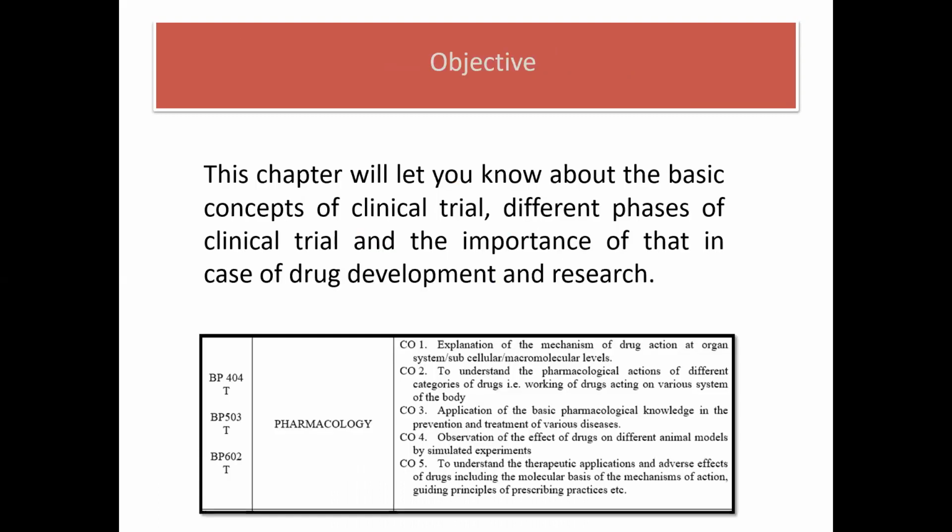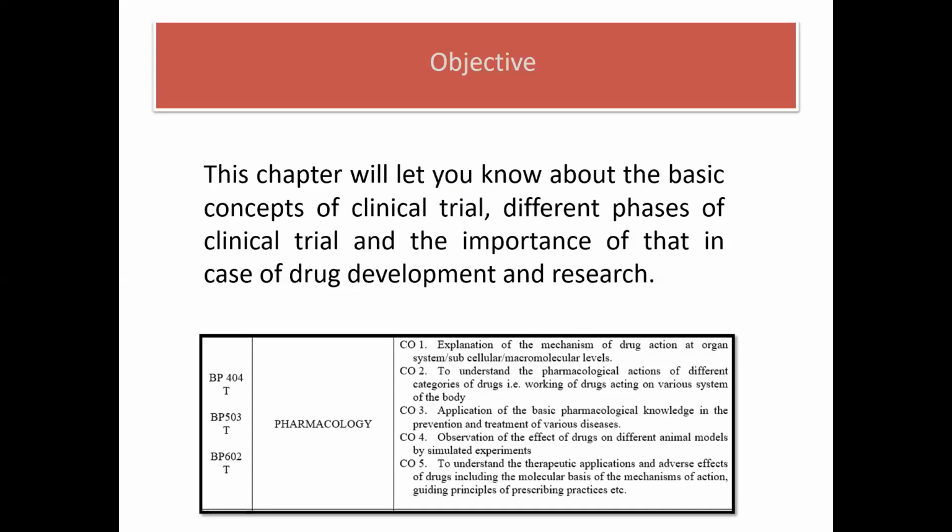So, objective. Whenever we study a chapter, we need to know the objective of studying it. If we know the objective, we will understand the importance of the chapter, and also what we are going to study in it. This chapter will let you know about the basic concept of clinical trial, different phases of clinical trial, and the importance of that in drug development and research.